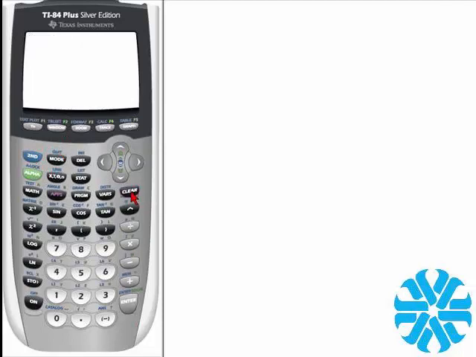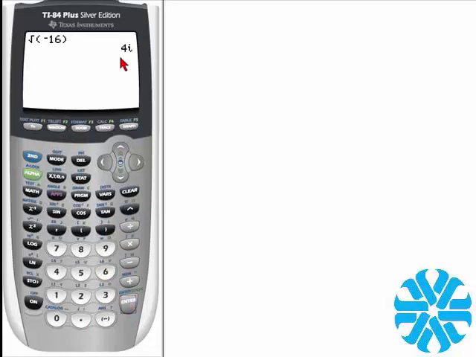Hit the clear key, and let's compute the square root of negative 16. So let's go second function, and hit that key, and then negative 16, and then close the parenthesis, and select enter.